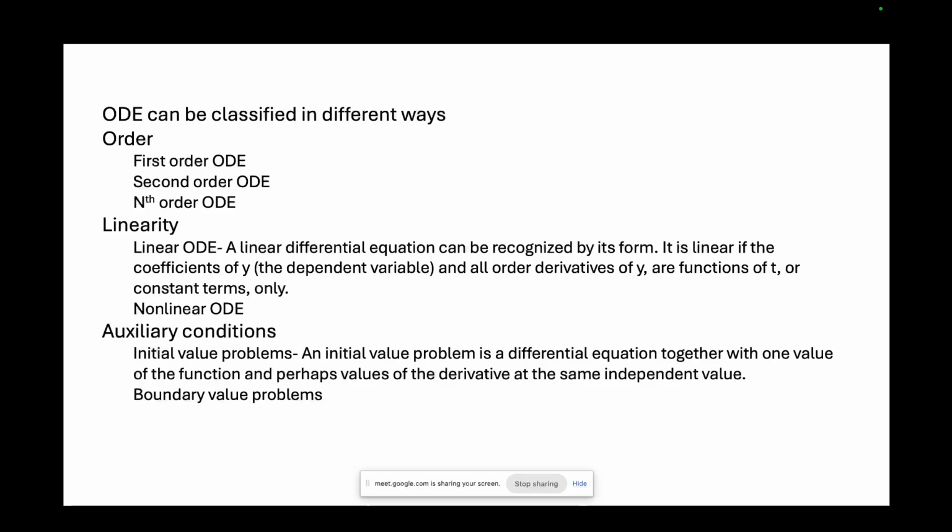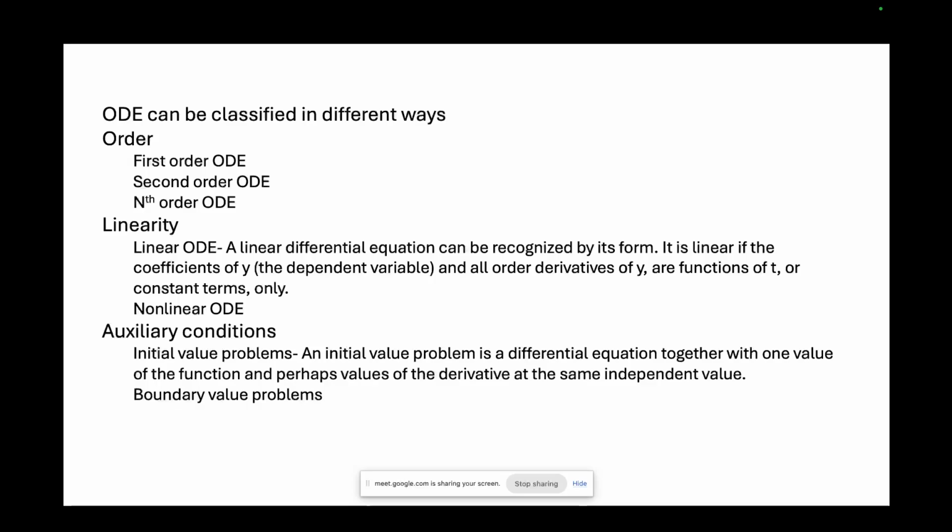Another concept in ODEs is whether it is linear or non-linear. A linear differential equation is one where the coefficients of the dependent variable and all order derivatives of y are functions of t or constant terms only. So a linear ODE is possible when the dependent variable has a coefficient of 1, or a function of the constant.